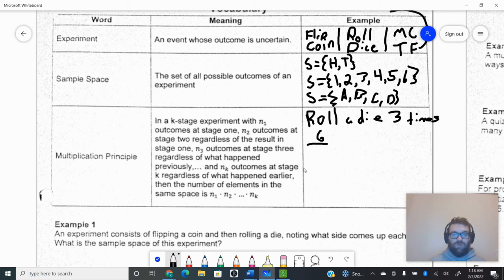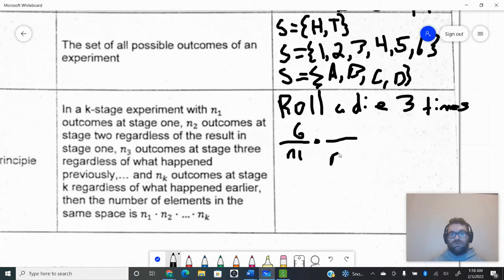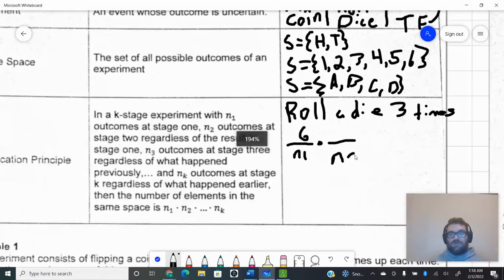That would be our N1 here. The second time, can you roll the same number twice with a die? Yeah, just because I roll a 2 on my first roll doesn't mean that it's magically gone. I could still roll a 2 on my second roll. So there's still 6 total outcomes.